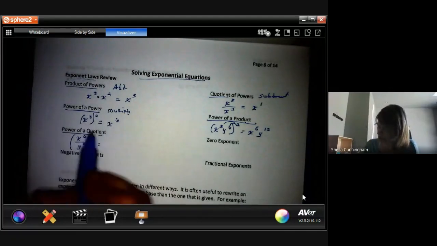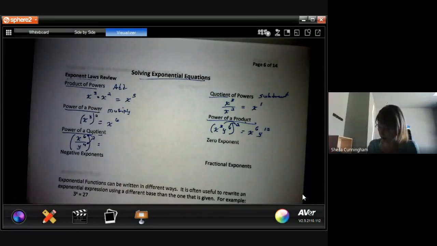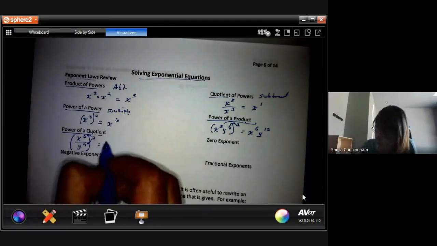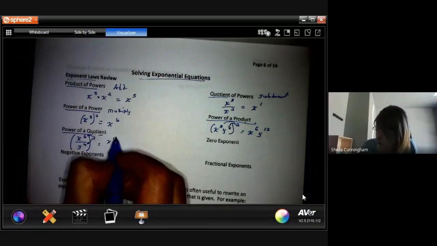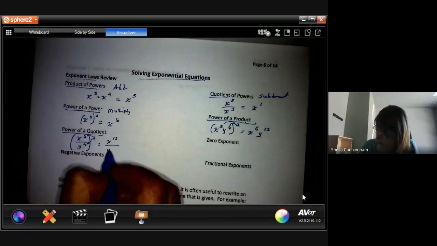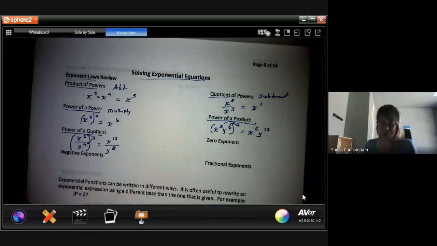Same thing, power of a quotient rule. I'm taking this 2 and it is getting multiplied to both powers inside the set of brackets. So this is going to turn into x to the power of 12 over y to the power of 8.